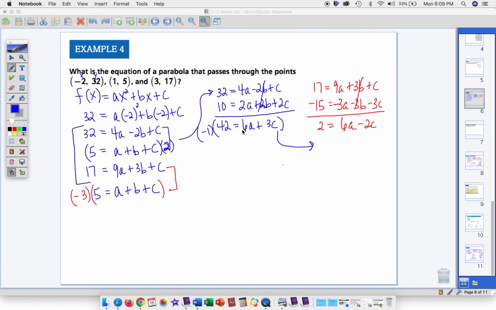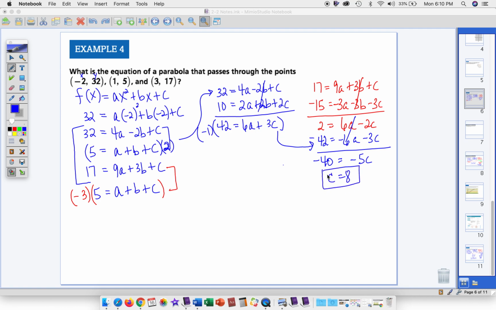So I have 6 and -6. So that's -42, -6a, and minus 3c. When I combine these, I get -40. The a's drop out, and I get minus 5c. Dividing gives me c equal to 8.